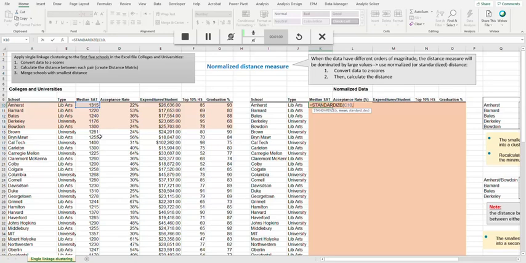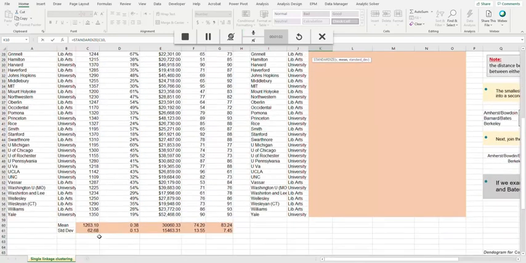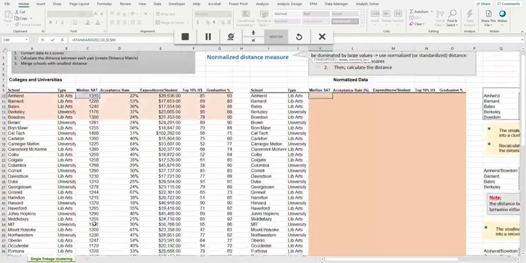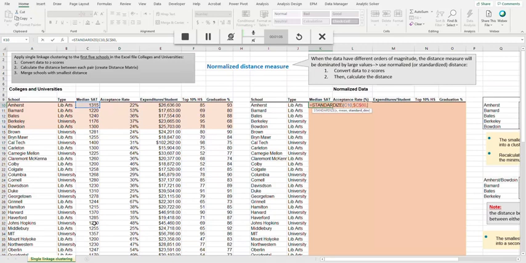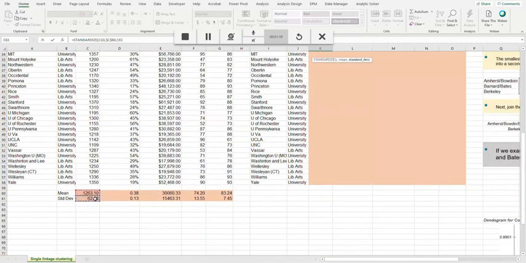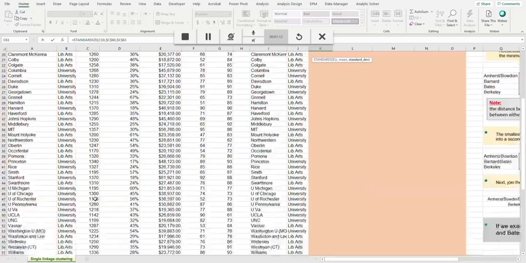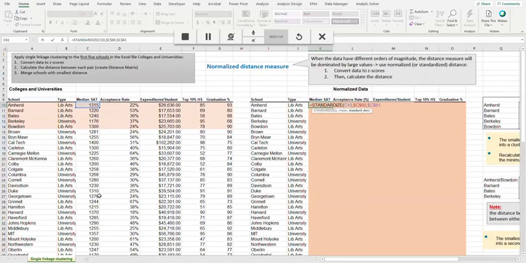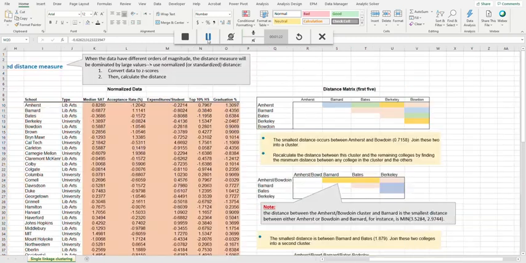Then it will ask for the mean. Remember to use absolute referencing because we want to fill the table, and standard deviation. Close parenthesis and enter. So I fill the table and then we continue. Now I have normalized my data.